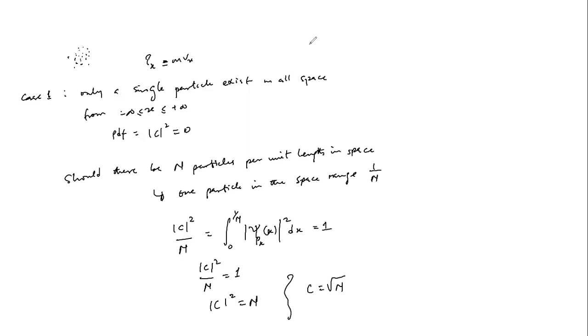Therefore, recall that the solution to the state function is given as c e^(j p_x x over h cross). Then now c is from n, so we have the square root of n e^(j p_x x over h cross) as a solution. This state function describes a beam.